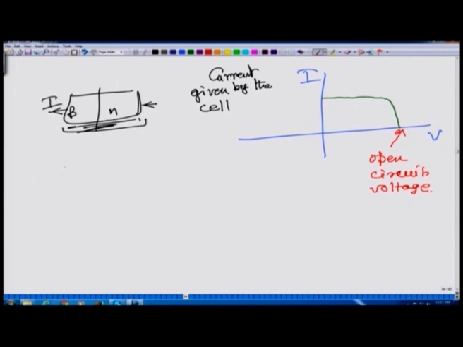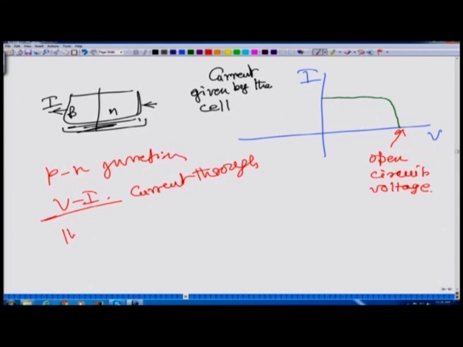Generally, when we did our Pn junction IV characteristics, what we plotted was the current through the junction. So, if you do that, I will be negative, the direction will be different, and if this is V and this is I, this plot should go like this, in the 4th quadrant. So, that is how this characteristic will look.